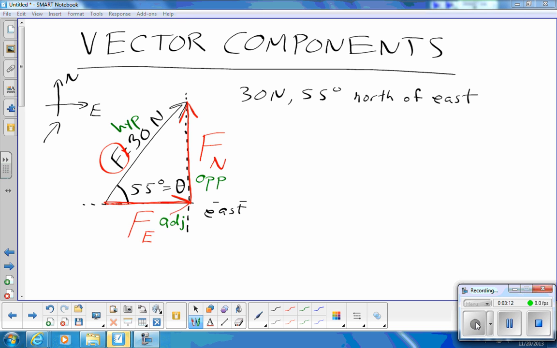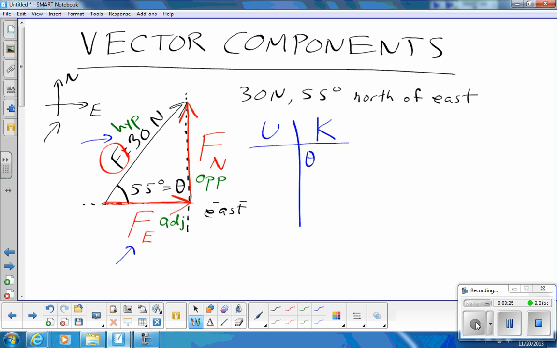So I've got theta, I've got the hypotenuse is 30 newtons, and I'm looking for the adjacent side. I know theta is 55 degrees, I know the hypotenuse is 30 newtons, and I'm looking for the adjacent side. That might help me pick a formula.